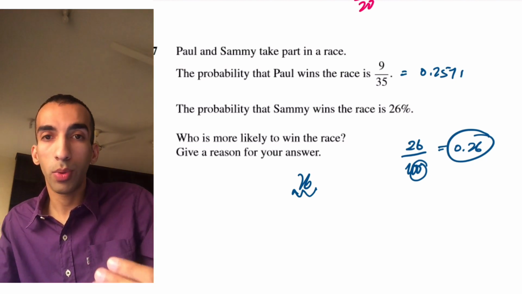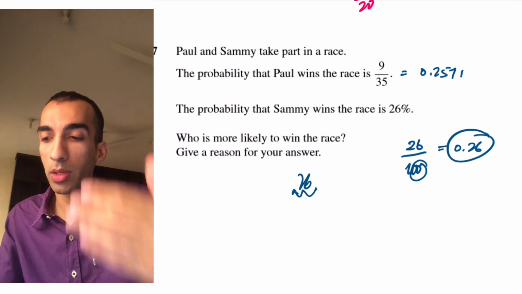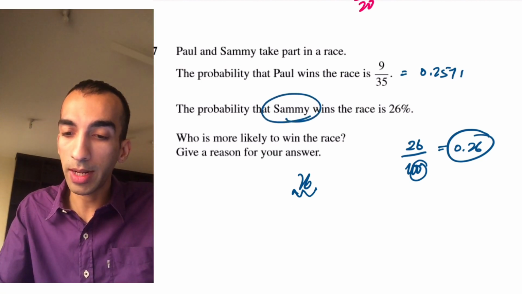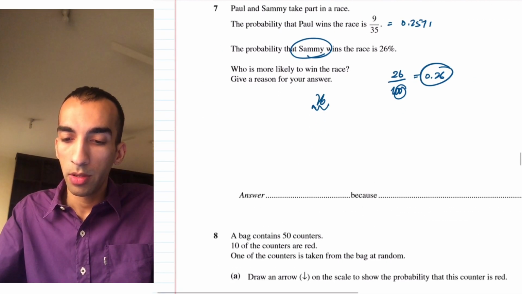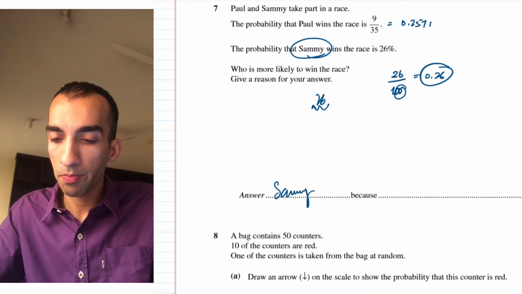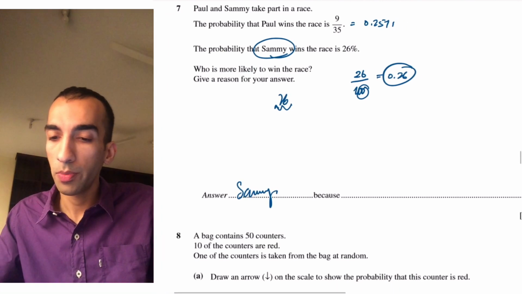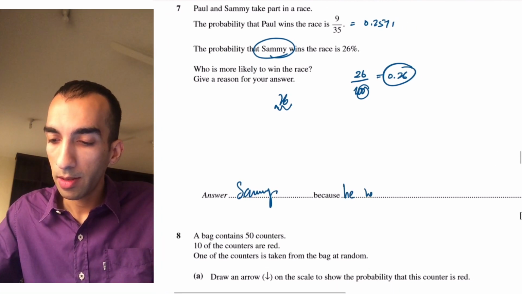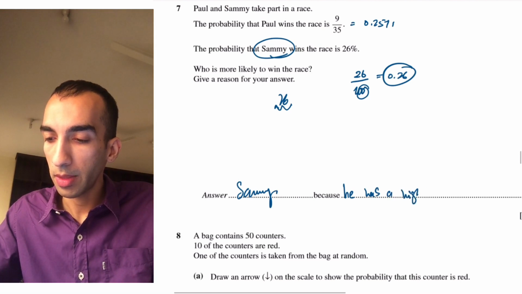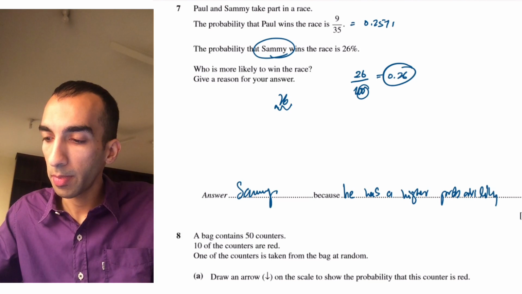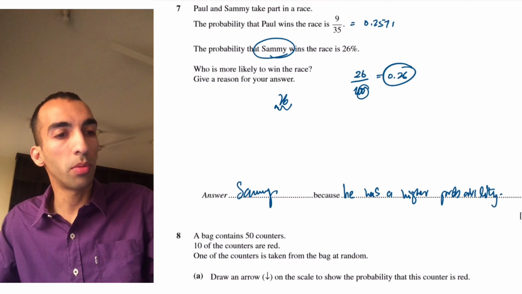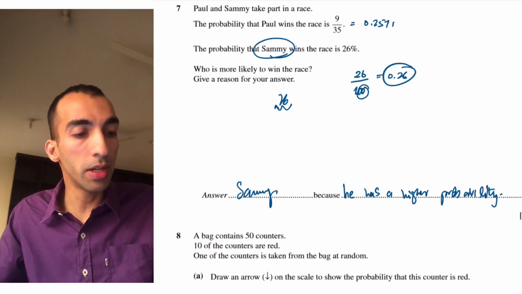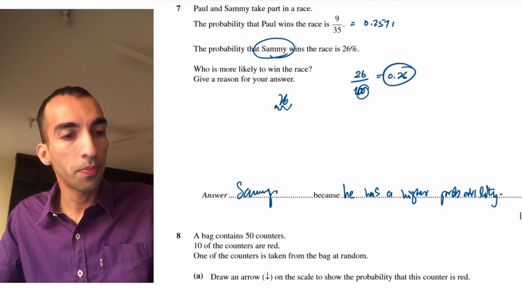Obviously the one who has a higher probability, which is 0.26, which happens to be Sammy. And I'm going to say Sammy, because he has a higher probability. Make sure you mention the word probability because this chapter is about probability, right?